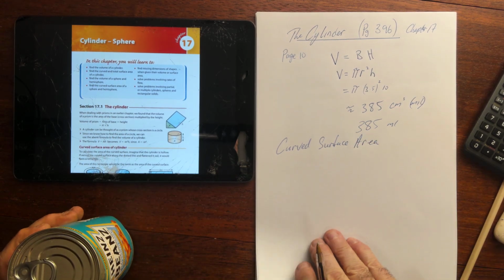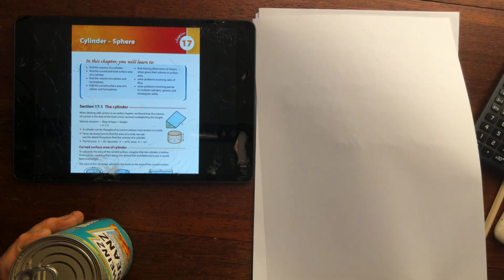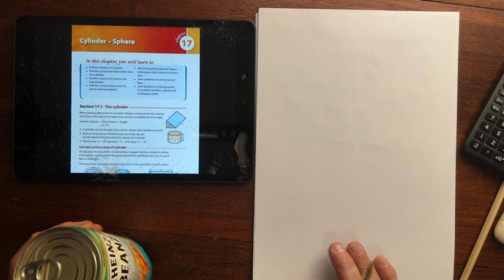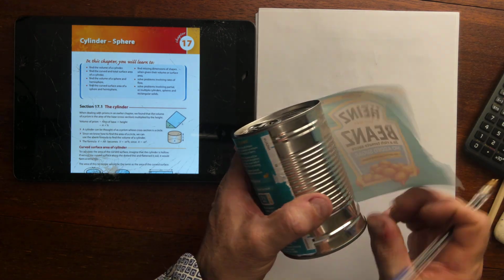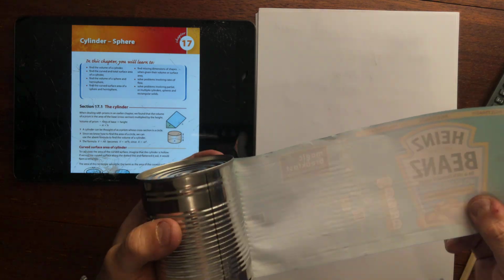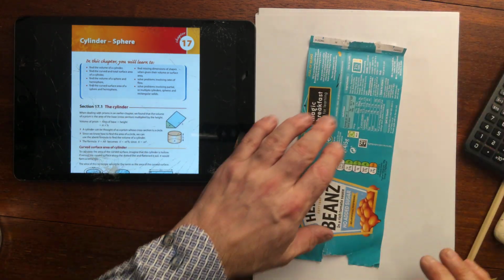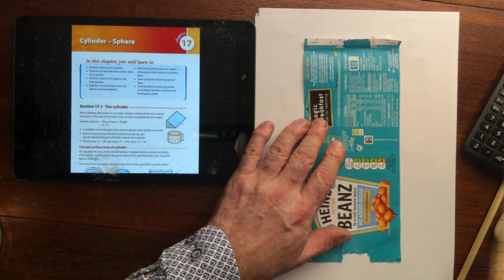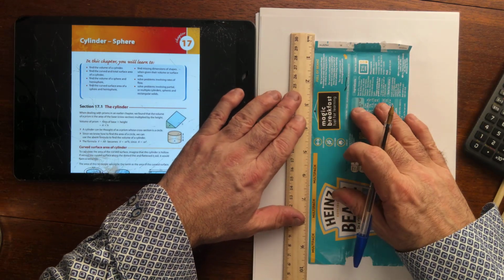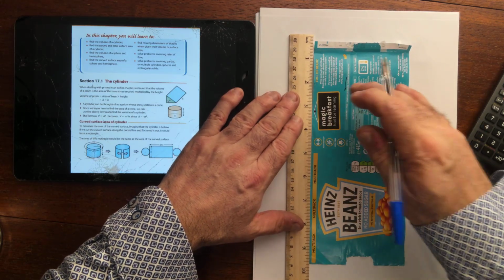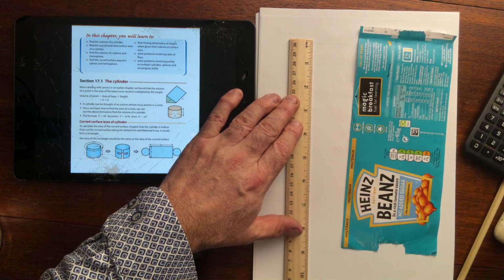Okay, so I'm going to flick the page over now because I'm going to need a nice big page to take the curved surface area. So if we take off the paper from the edge, then this is the curved surface area. I can map that out, draw it out.